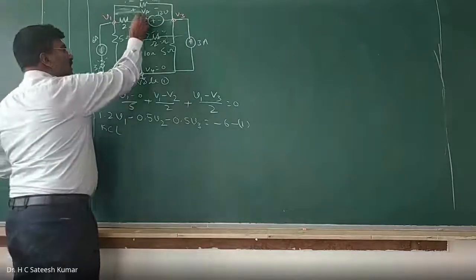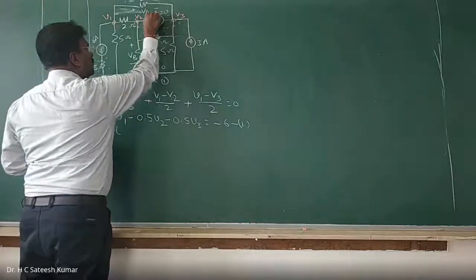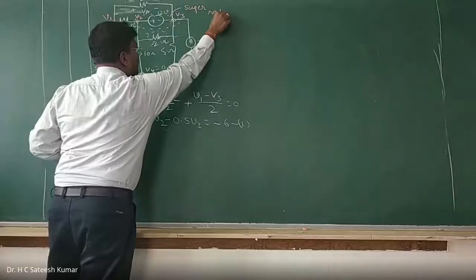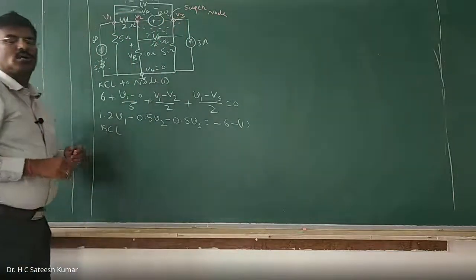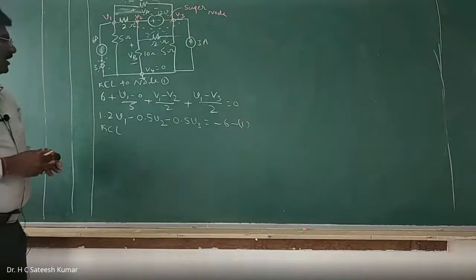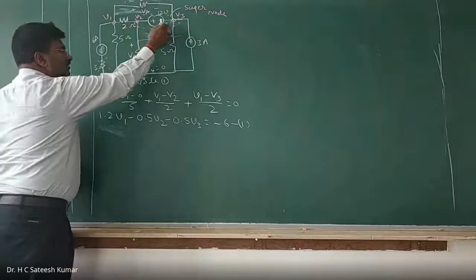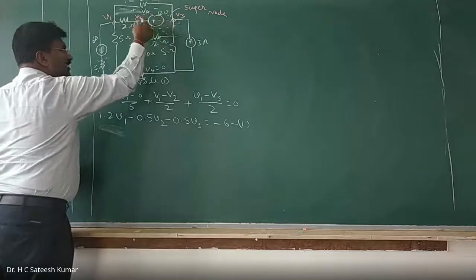Instead, you combine them together and make a single node. That is called a super node. Apply the KCL to the super node. From the network, there is a voltage source between two principal nodes without any series resistance.